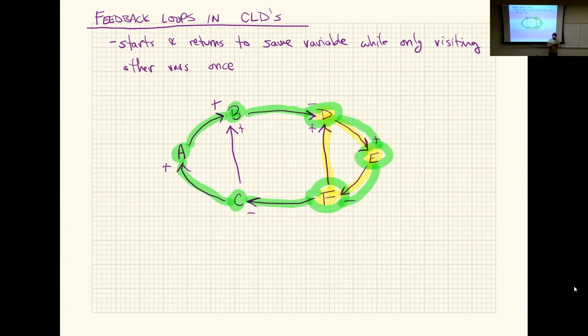That's the reason why this loop is what we would refer to as a negative feedback loop or a balancing feedback loop. Both of those are the same thing. And I'll give you a rule for finding those in just a second. So we call this a balancing feedback loop.